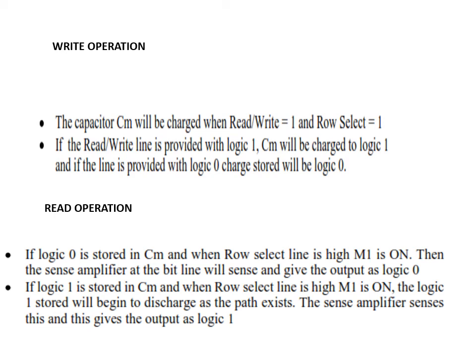Similarly, if logic 1 is stored in CM and the row select input is high, the stored logic 1 will begin to discharge as the path exists, and the sense amplifier senses this bit and gives the output as logic 1. Previously, in the 3 transistor cell, the output read is always complementary, whereas here the bit is read in the same way. If 1 is stored, then 1 is read, and if 0 is stored, then 0 is read.